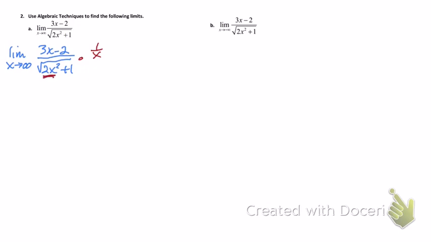In the bottom part, I've got 2x squared. Forget about the 1 for just a second. If I've got x squared inside a radical and we're going in a positive direction, as x approaches positive infinity, then couldn't I do this? And in that case, aren't the top and the bottom the same if we're going in a positive direction?